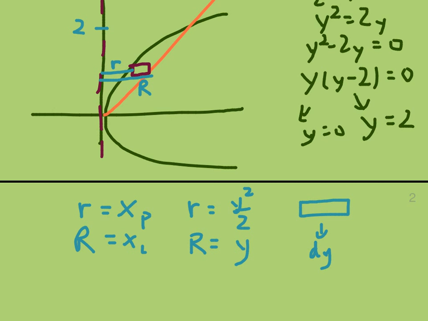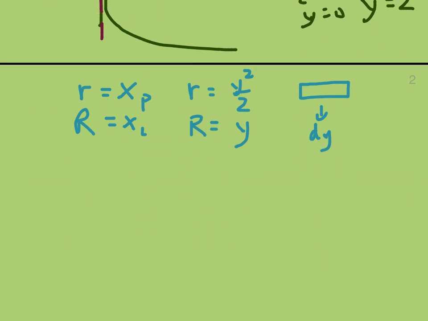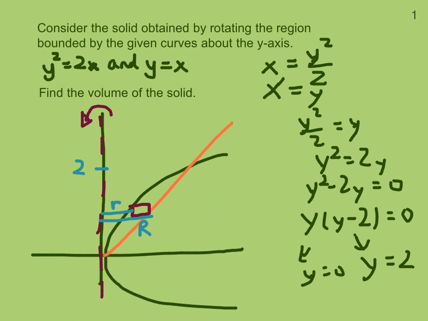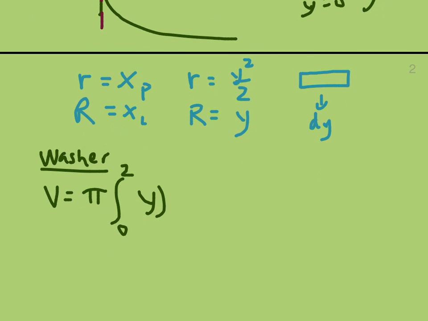Okay, so we set up washers, which is that the volume is equal to pi times the integral from a to b, in this case 0 to 2, the outside radius squared minus the inside radius squared.